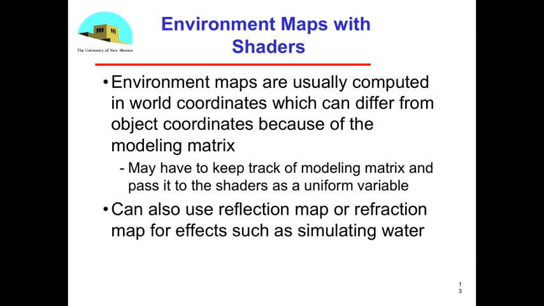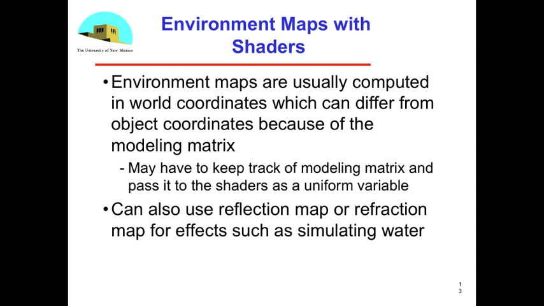Okay. So what about the shaders? One thing you have to be careful in doing this is that these maps are usually computed in world coordinates, just because that's an easy way to do it with a virtual or real camera. You sometimes have to be careful if you're doing some modeling.